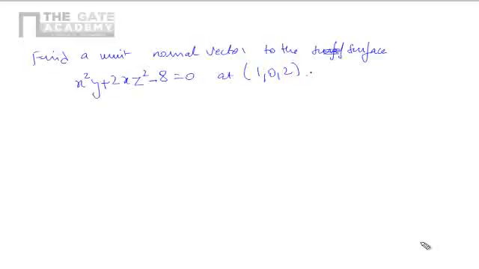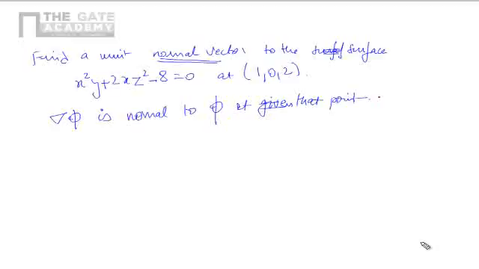Okay. So ultimately what we have to find, this is very important. If you are asked to find a normal vector, del phi is normal to phi at the given point.